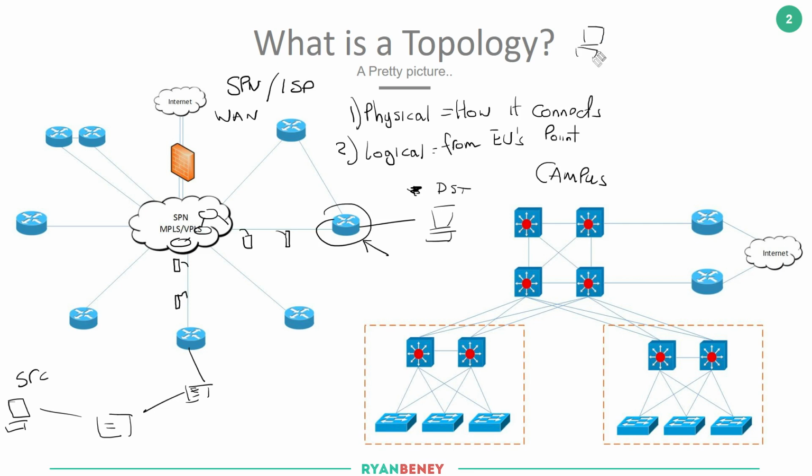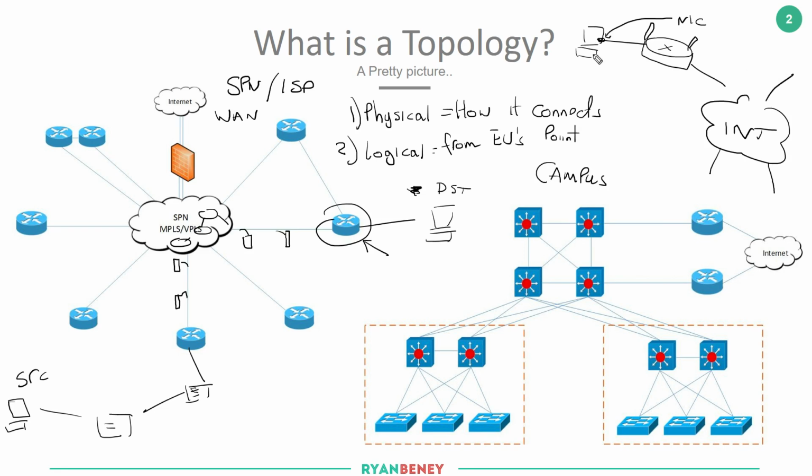So another example of this would be, let's think about our home connection. We have a PC, and our PC connects to our home router, and our home router then has a link into the internet, right? From the PC's perspective, or at least from the NIC card perspective, anything it wants to know about, whether that's Google, BBC, Netflix, it sends it all to this router, and this router sends it all to the internet.